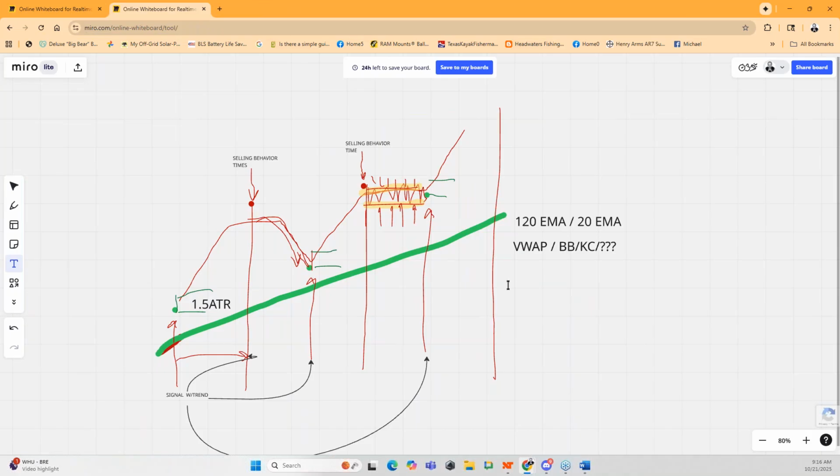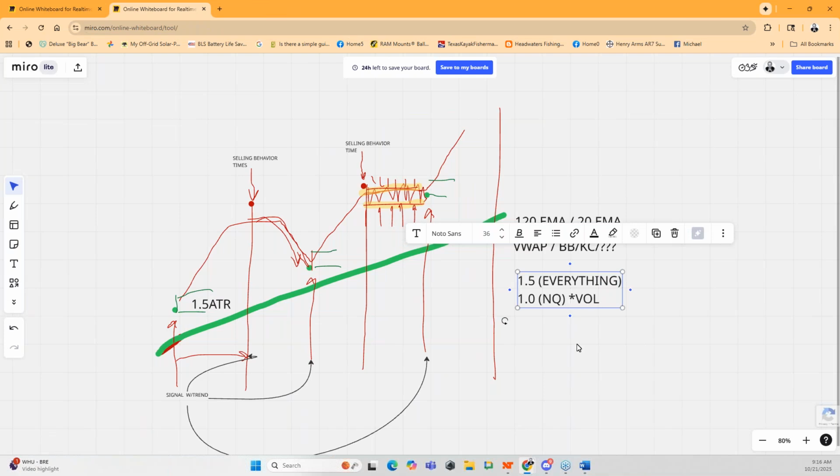There's one market where I advise having it smaller for everything, and then 1.0 for the NQ. Or I'll put an asterisk, any highly volatile market that is known to sweep in large movements up or down, a 1 ATR value, average true range, is about as small as we can go without asking for market noise to destroy our positions.